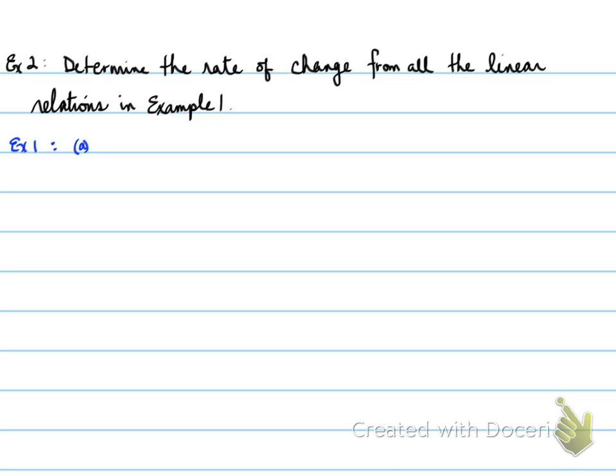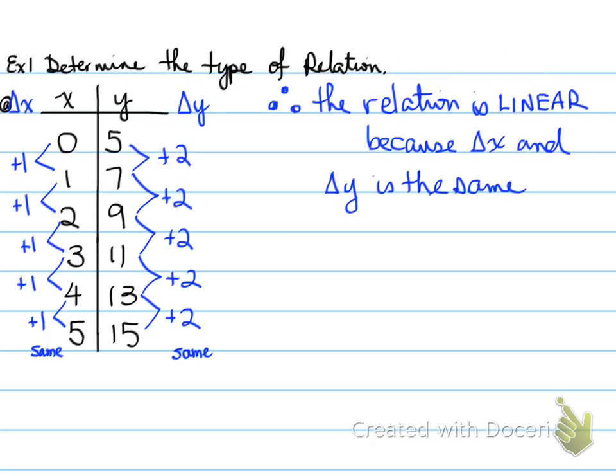All right, so let's look back at example 1. Here is example 1, and we see that our delta x was +1 and our delta y was +2. What we need to do is use that to determine the slope of this particular linear relation.